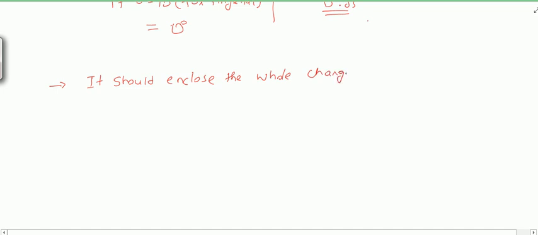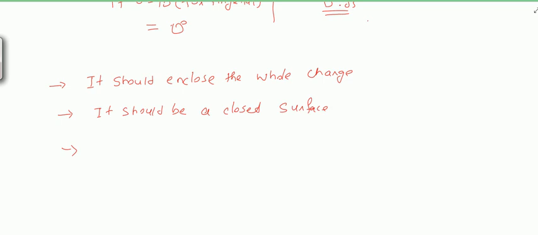It can be of any shape, even irregular, but it should enclose the whole charge, and for enclosing it should be a closed surface, क्योंकि गॉस लॉ सिर्फ और सिर्फ क्लोज सरफेस के लिए ही एप्लीकेबल है. मैंने एक प्रीवियस वीडियो में भी बताया था कि गॉस लॉ जो है वो क्लोज सरफेस के लिए ही वैलिड है.